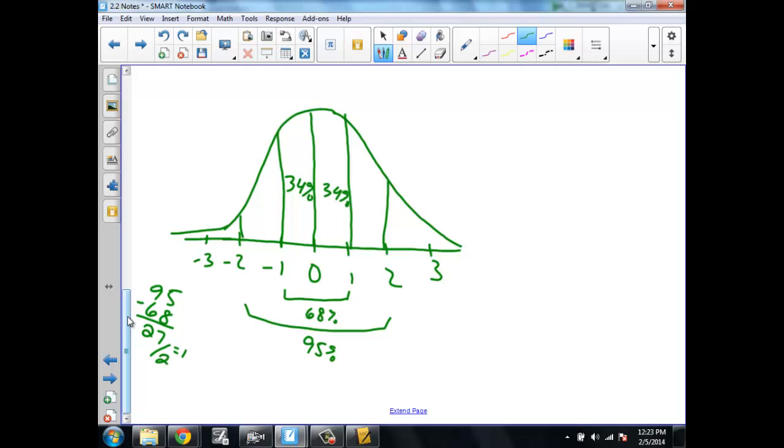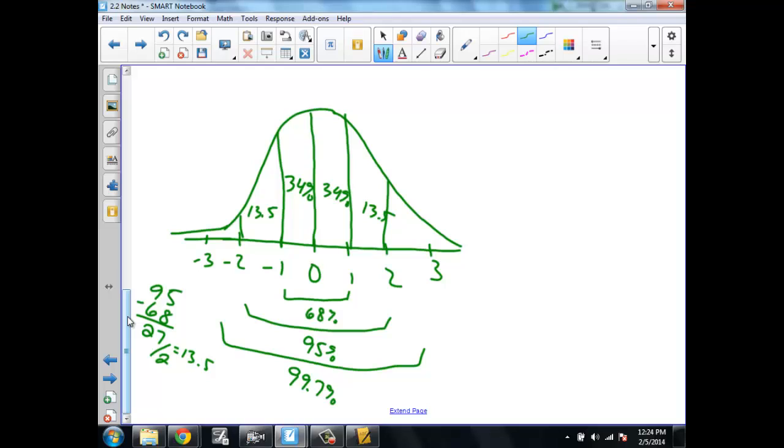Divided by 2 is 13.5. So I have 13.5% here, and I have 13.5% here. If I added all four of those numbers together, that'd give me my 95%. Right? And then my third standard deviations is 99.7%.